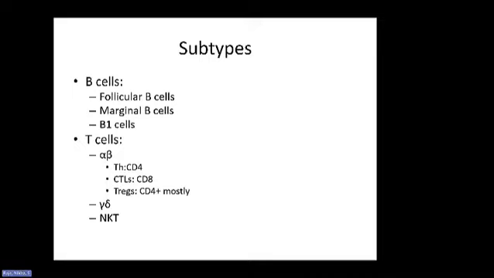There are also two other types of B cells called marginal B cells and B1 B cells. The T cells that we mostly call T cells are the alpha beta T cells. These are the ones that we think about as CD4 positive T helper cells, CD8 positive cytotoxic cells, or Tregs. Most of these are CD4 positive, but there are CD8 positive Tregs as well.